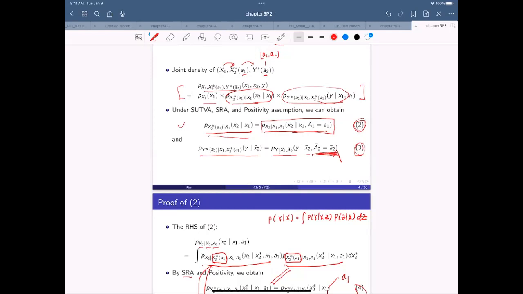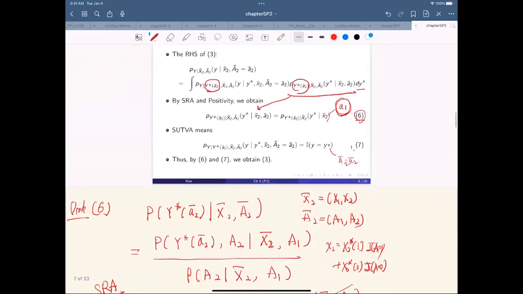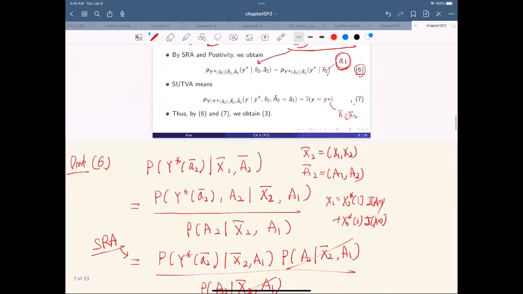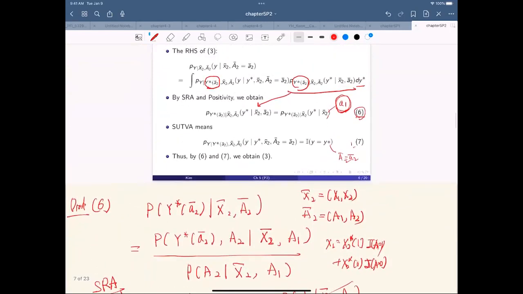So this is the observed one. I think you are writing both in terms of potential outcomes. In equation 6, you are writing in terms of both potential outcomes. Right, but then later we'll use integration to remove the potential outcome, right?